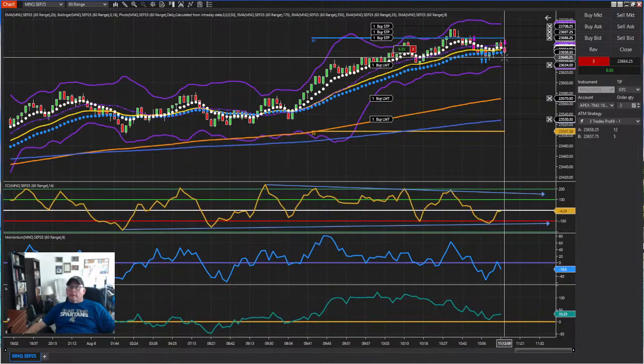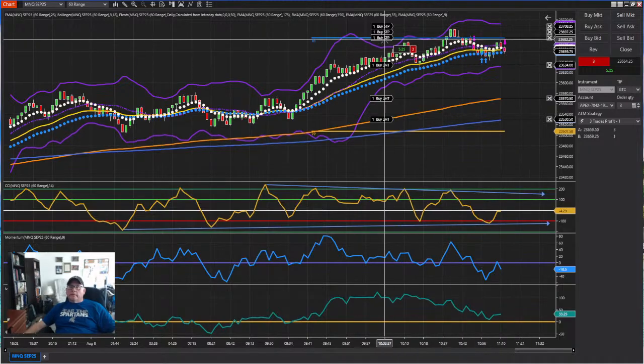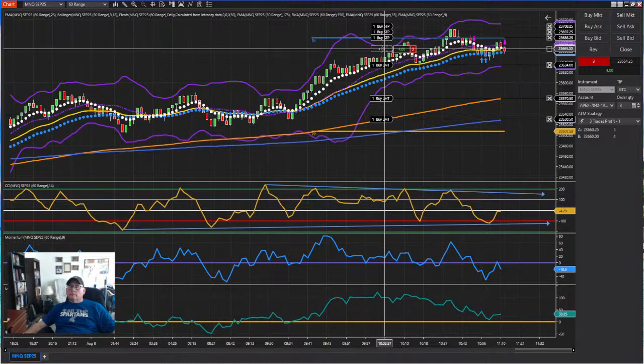If we form another red bar down, don't like how it's not moving quickly. Take one off here.